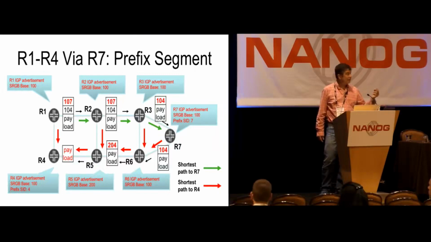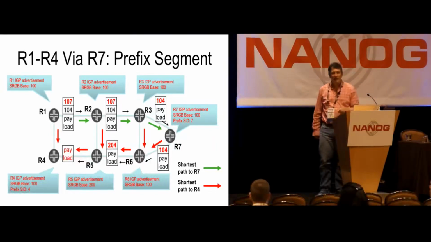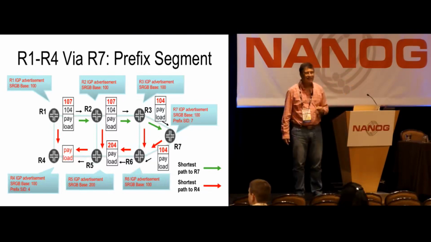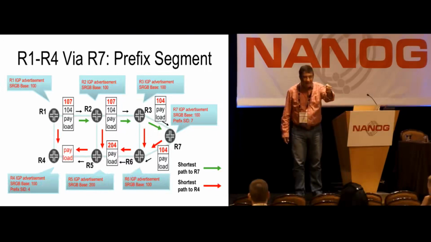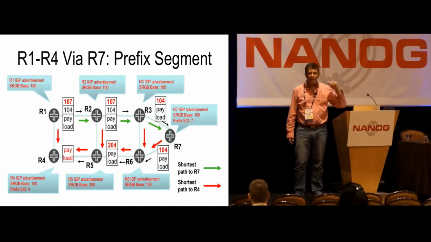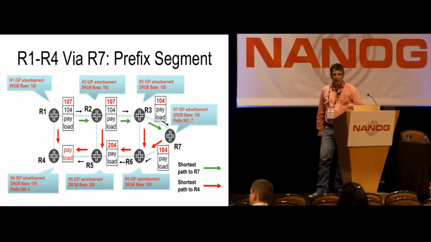This SR path has how many segments in it? 2. How many labels on the label stack when it leaves R1? Why? Right, and every member of the label stack represents a segment in the path. Okay, that explains why there are 2.